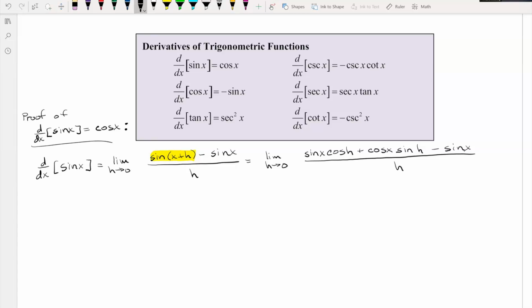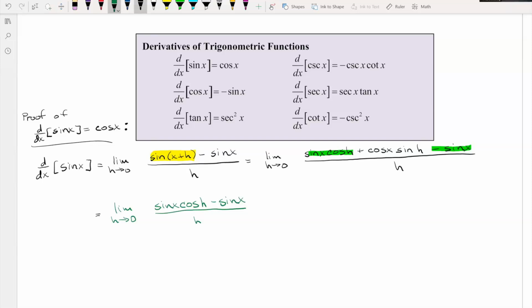And what I'm going to do now is I'm going to break this up into a couple of limits. I'm going to take this and this together. Okay, here I'll do it in green over here. So I'm going to have the limit as h approaches 0 of sine x cosine h minus sine x over h.